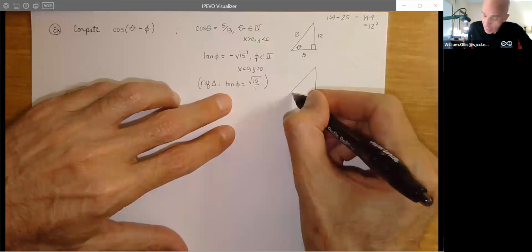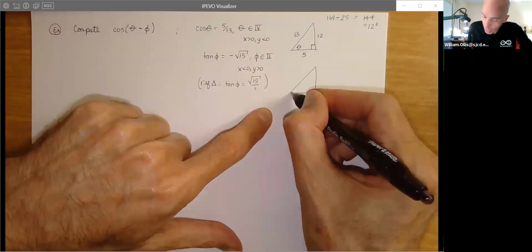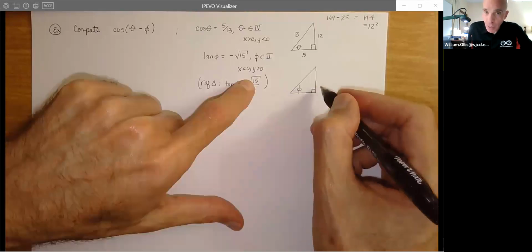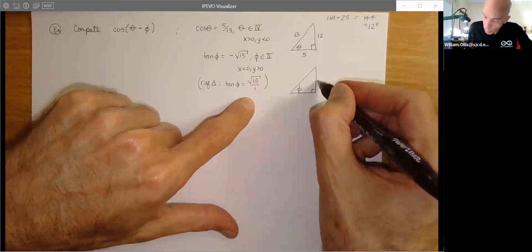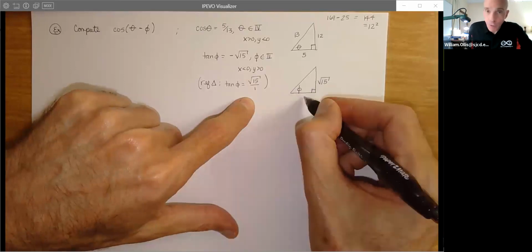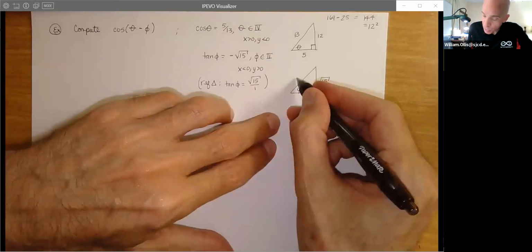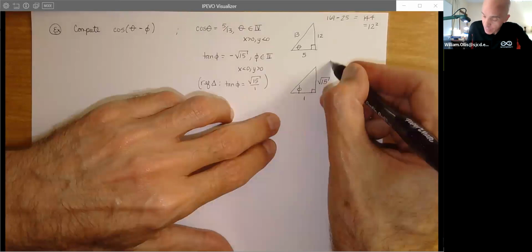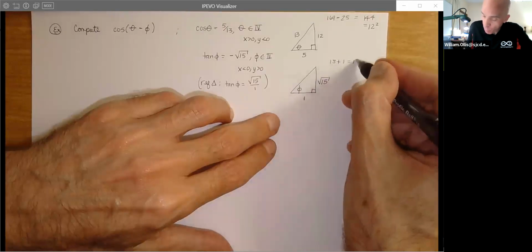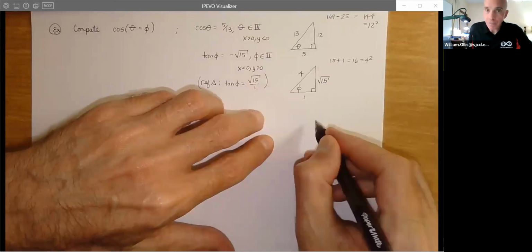Again, remembering that x is negative and y is positive. So we have phi here, and then we have opposite over adjacent. So we get the square root of 15 opposite over adjacent. And then now we can get the hypotenuse, just square this. So that gives us 15 plus the square of 1, which is 1. So that's 16, which is 4 squared. So again, we have a very simple triangle here.